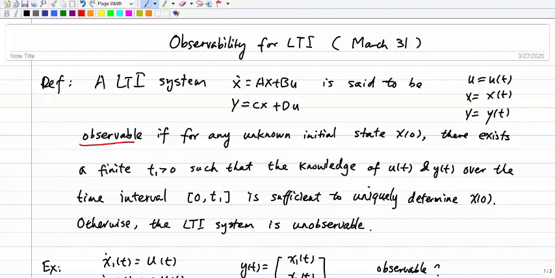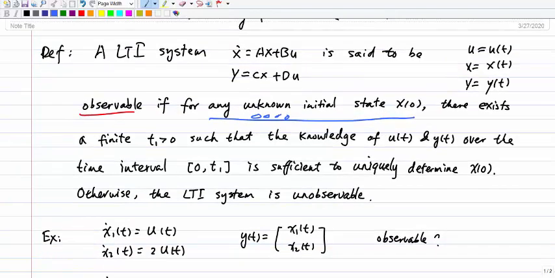A linear time invariant system, which is typically given in this form, x dot equals Ax plus Bu, y equals Cx plus Du, is said to be observable if for any unknown initial state, there exists a finite positive t1 such that knowledge of u(t) and y(t) over the time interval 0 to t1 is sufficient to uniquely determine the unknown initial state.